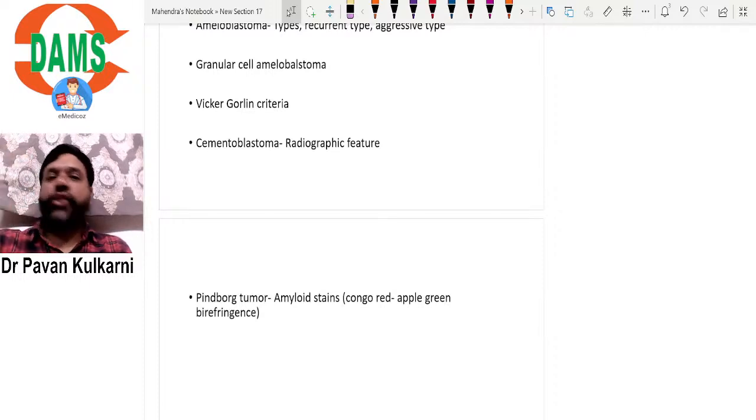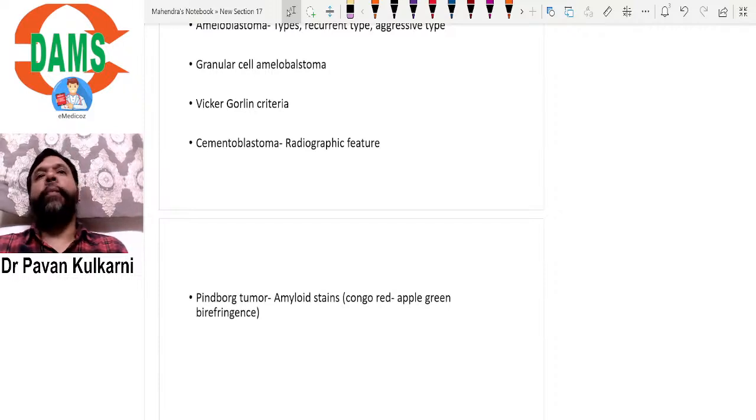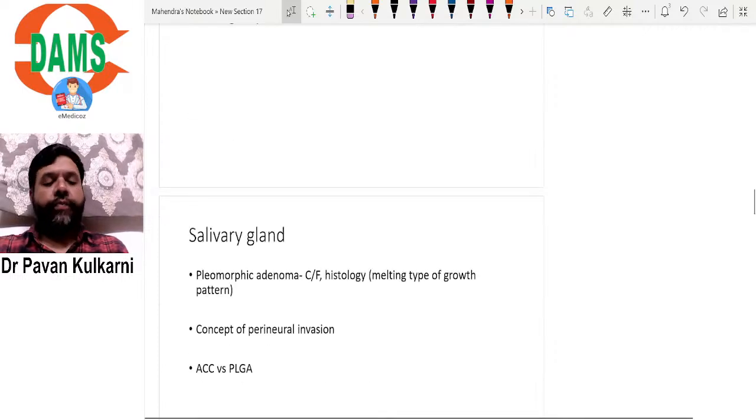They'll show you that image that has been frequently asked, and we can expect that apple green birefringence. So on a polarized microscope, the amyloid will take the Congo red stain and it will appear as apple green birefringence. Again, that is a favorite topic that you are expected in case of Pindborg tumor.